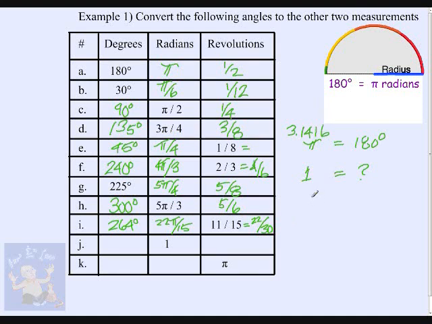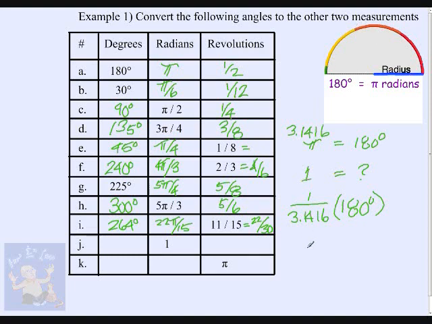So 1 radian, it's about 1/3, isn't it? It's about 1/3 of 180, and we know that just from looking at this. It's a little less than 1/3, isn't it?